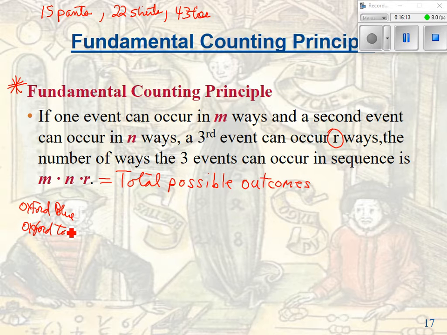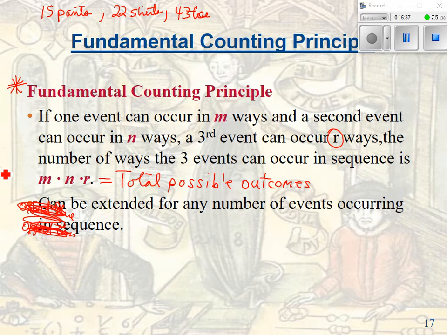I don't want to list all those. That's just too much. Because you're going to have 15 in the first list, and then branching off of each one of those, I'm sorry, I put shirts first, you're going to have 22 branches coming off each one. That's way too much.